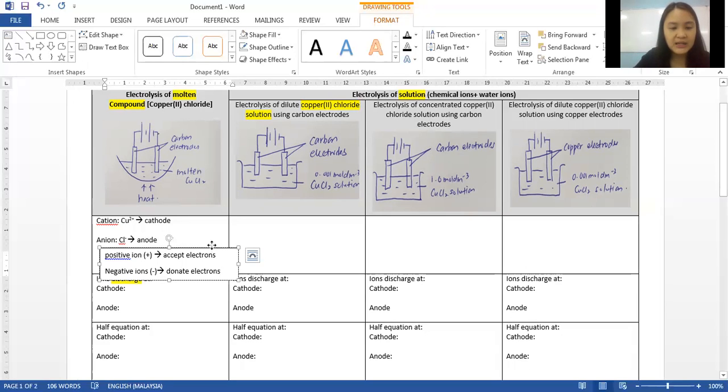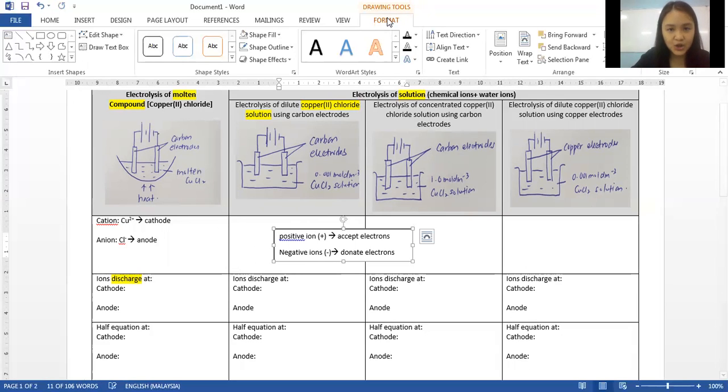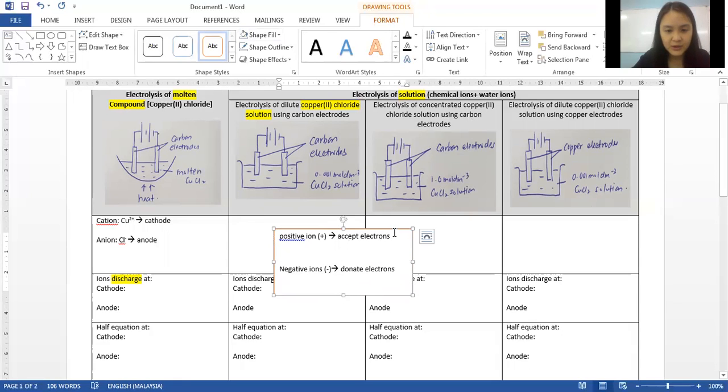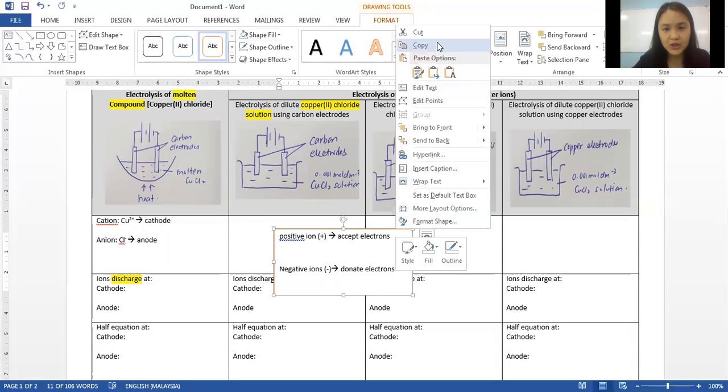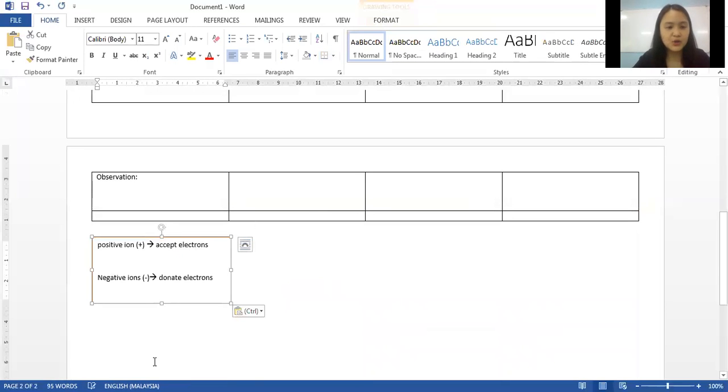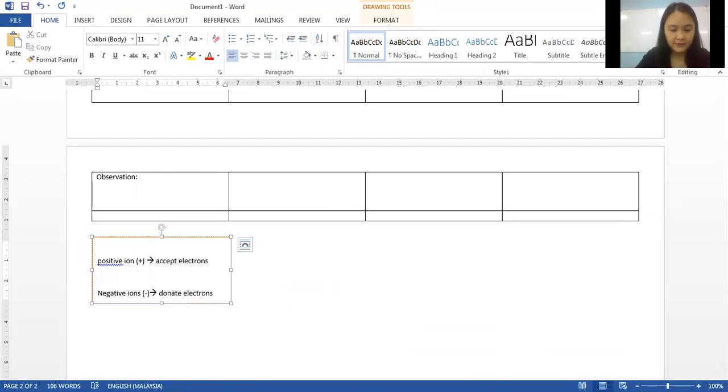Now, some students need further clarification on this matter, so let me just continue a little bit more. Let me just move this one to another page, so that's easier for you to see. We are talking about the discharge process. A positive ion discharges by accepting electrons.